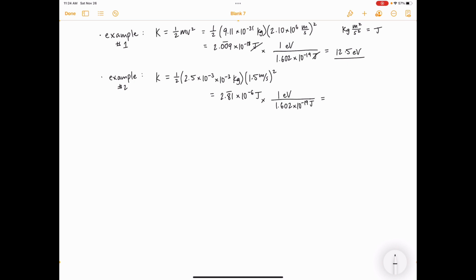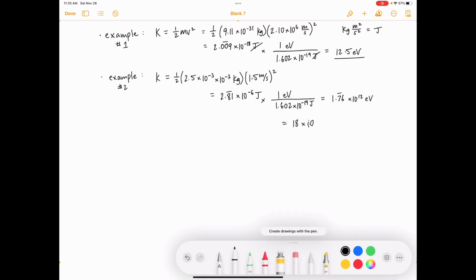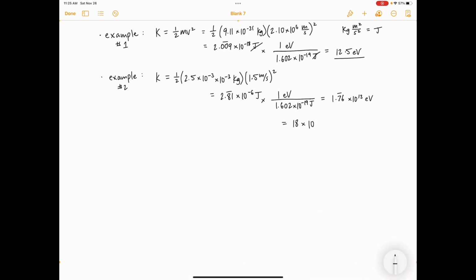We get 1.76 × 10^13 electron volts. We actually want to keep 2 sig figs on this one. I can rewrite this after rounding as 18 × 10^12 electron volts. And notice 10^12 is the unit prefix tera. So this would be 18 tera electron volts, TeV.